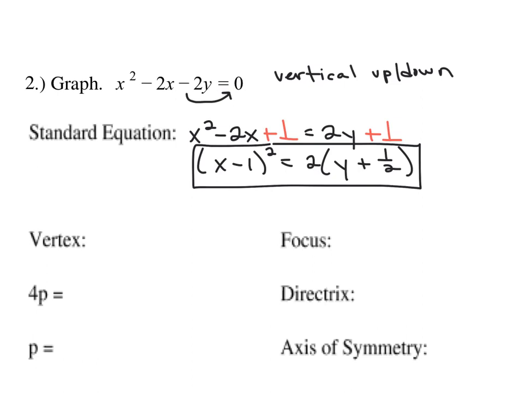Now, see the 2 that I factored out, that becomes what determines if it opens up or down. It tells us our 4p, and it is also our focal width. So I'm going to go ahead and fill that in while I'm at it. Since 2 is positive, I know it's going to open up. Now, if 2 were negative, I would circle down.